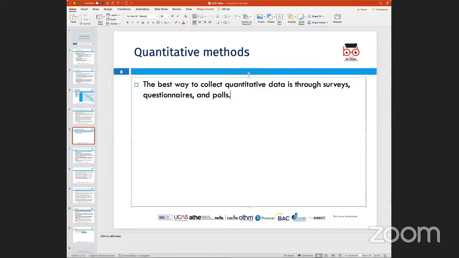Now, quantitative data methods basically measure the depth and breadth of the initiative. For example, it will tell you exactly how many people participated, how many people enrolled, and how much data was collected before and after the participant actually enrolled in the research.